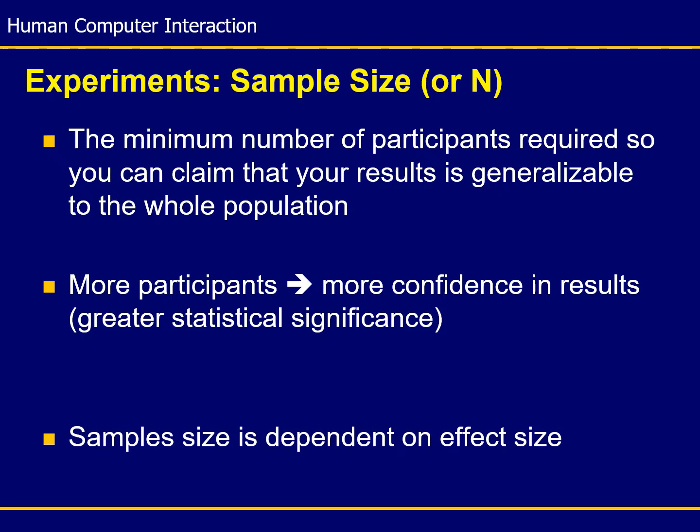That difference is what is called the effect size. The rule is, if the difference between the performance of the user across the conditions, or within the conditions, or between the conditions is huge, you don't need a huge sample size. If the difference is small, you need a relatively big sample size.